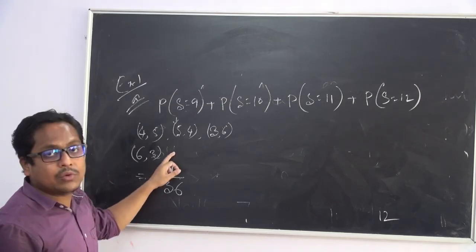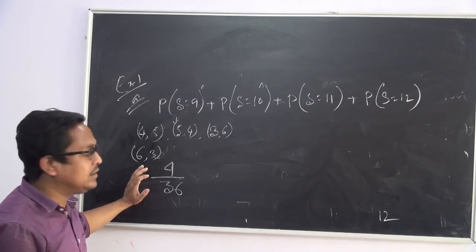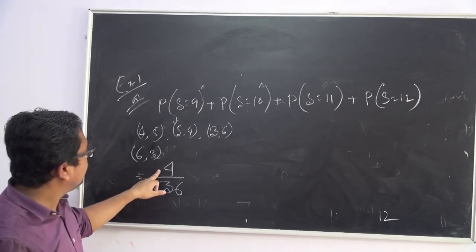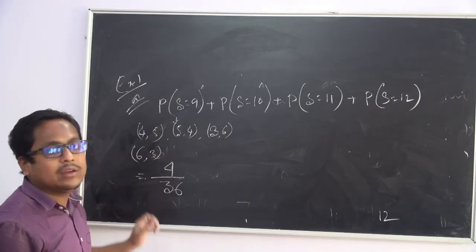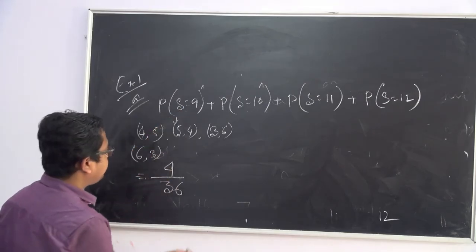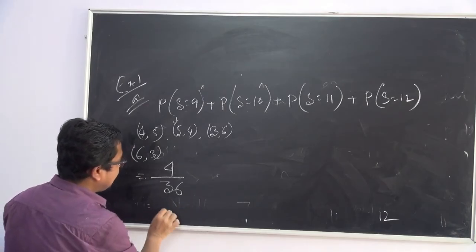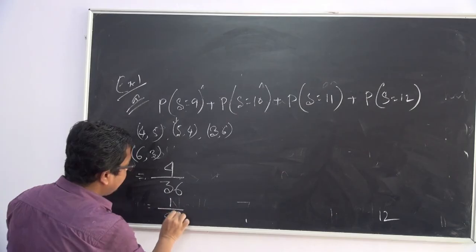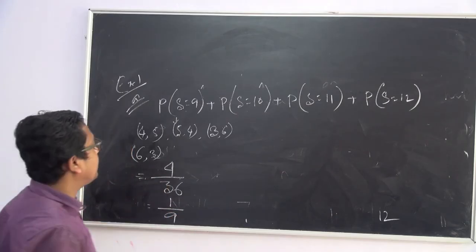The total number of cases for throwing 2 dice will be 36. Then the probability for getting a sum of 9 is 4 by 36, that means 1 by 9, or you may keep 4 by 36 also, no problem.